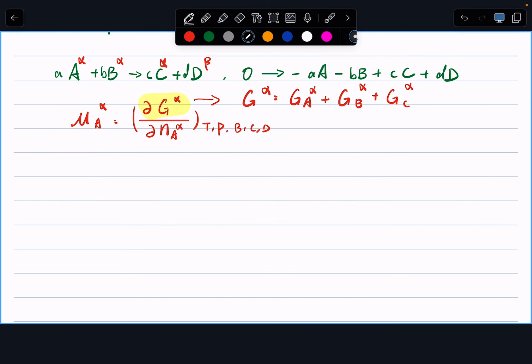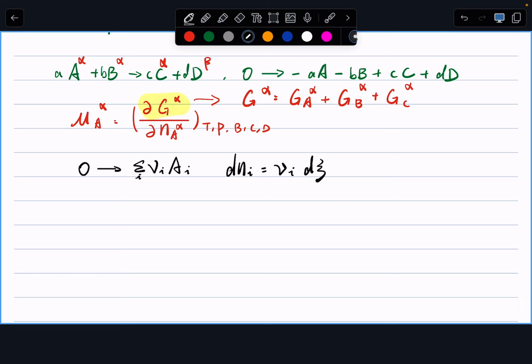In our last lecture, we also went over reaction equilibrium. For a general reaction 0 goes to the sum of the stoichiometric coefficient nu_i times chemical species A_i, we have dN_i, the number of moles of each species, equal to the stoichiometric coefficient times the extent of reaction.